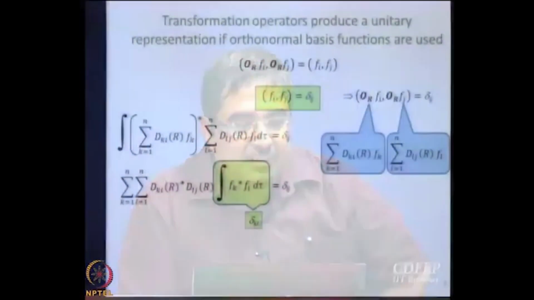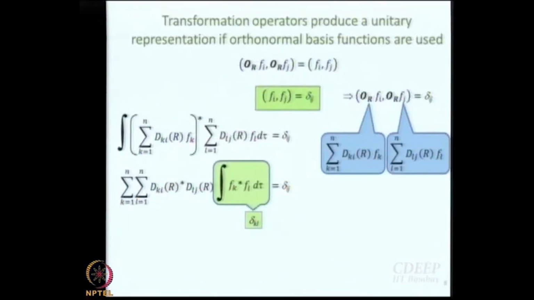I am summing over k, summing over L both, but I want to get rid of 1 at least. So, let me get rid of 1. I have just written delta_kL here, I have not done anything more.